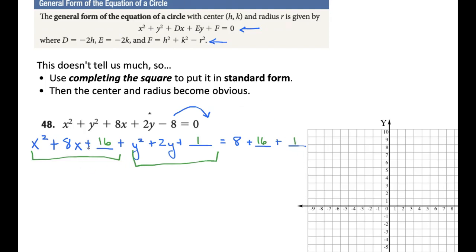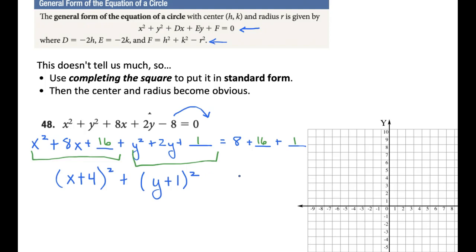Okay, so now we're going to put this into the standard form of a circle. So x squared plus 8x plus 16 is just x plus 4 squared. And the y portion is y plus 1 squared.